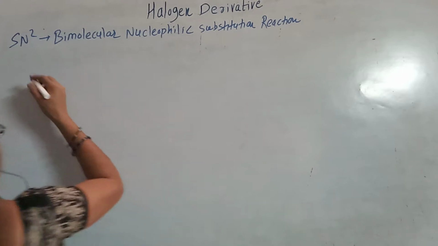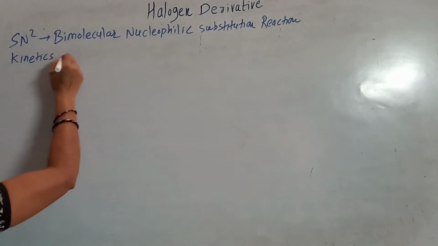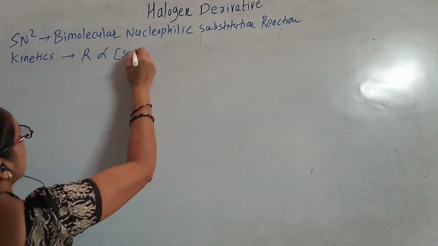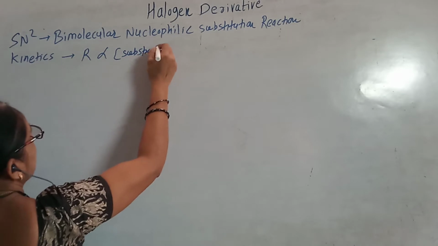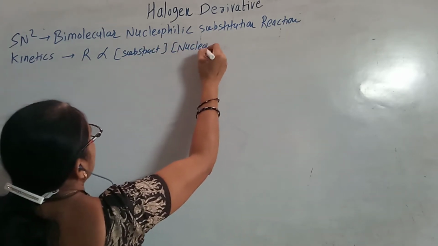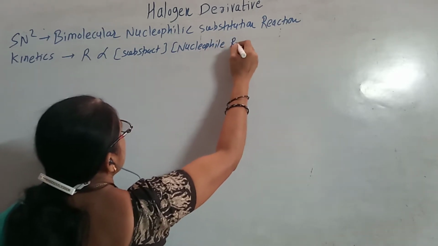According to chemical kinetics, the rate of reaction depends upon the concentration of the substrate as well as the nucleophilic reagent. We already discussed these things.